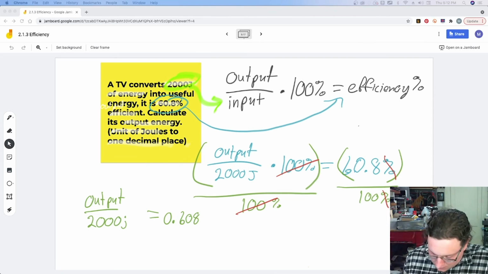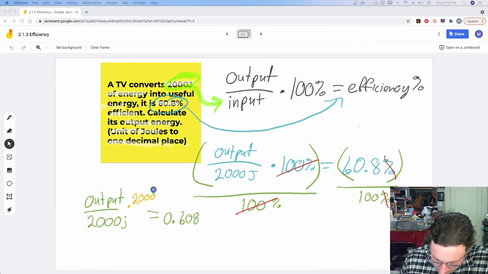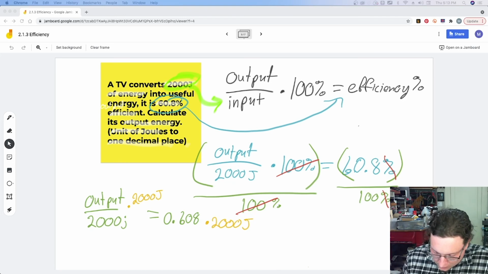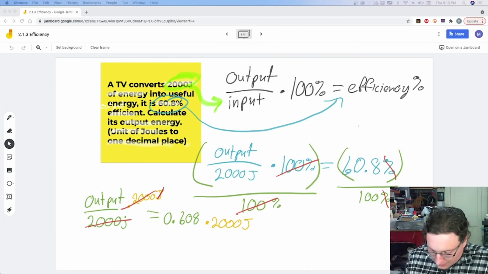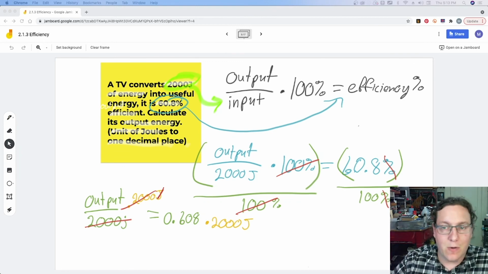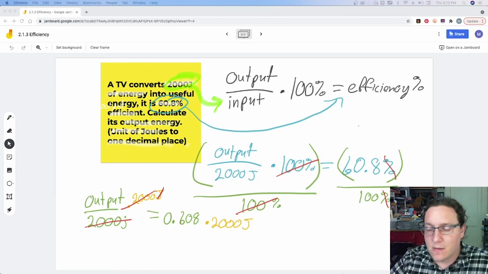So we multiply by 2,000 joules, multiply by 2,000 joules. Same thing occurs. We know that joules and the whole 2,000 cancel out on the left, leaving with just our output. And on the right hand side, this is where we can go ahead and pull out a calculator.